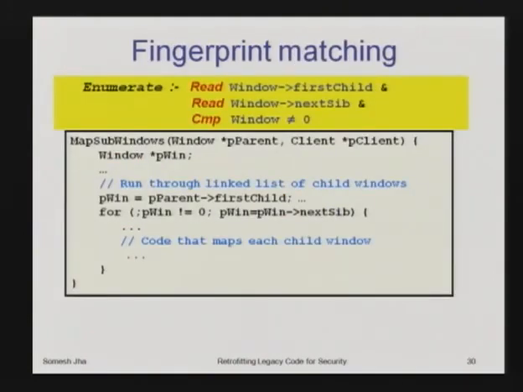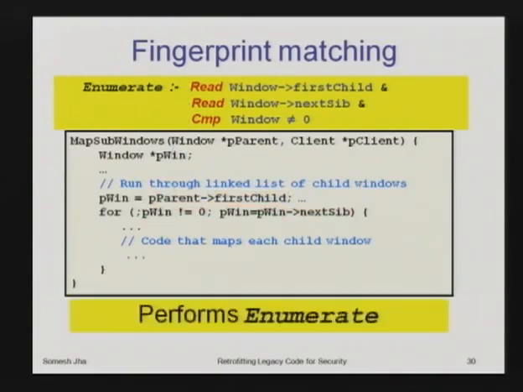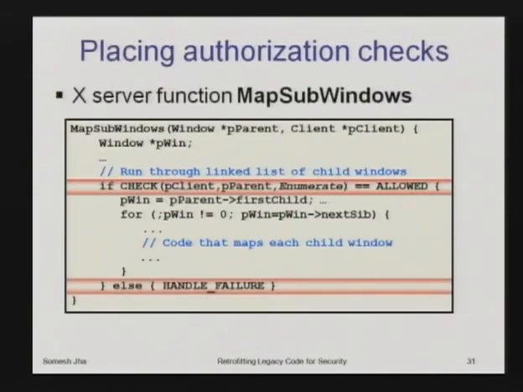Once you do that, if you are just a GCC hacker, you can look at these code patterns, walk over the AST representation in the compiler, and whenever you see that pattern, you place a hook. Right here, here, here. So it performs enumerate, and that means you put a hook.